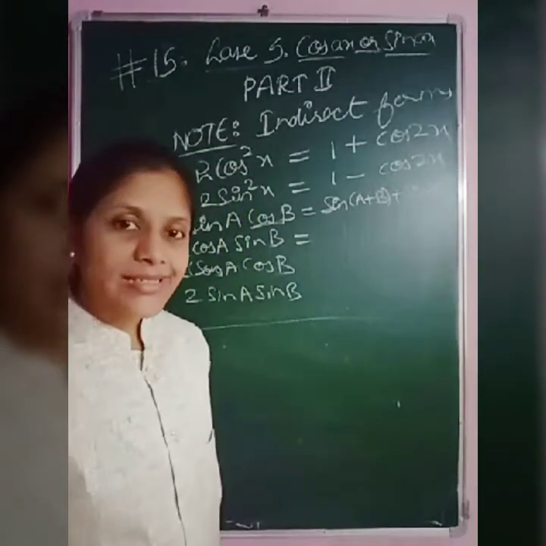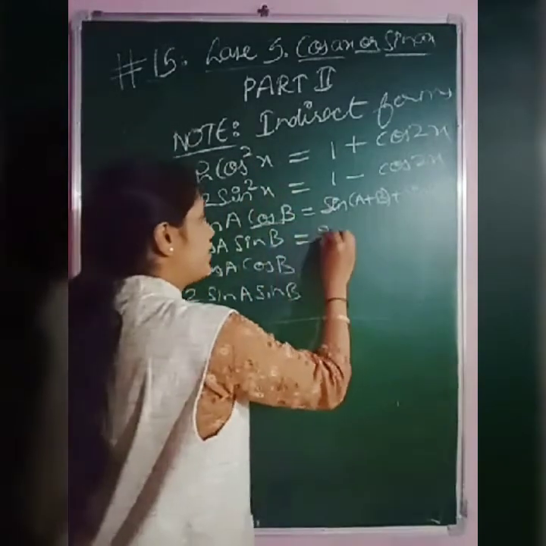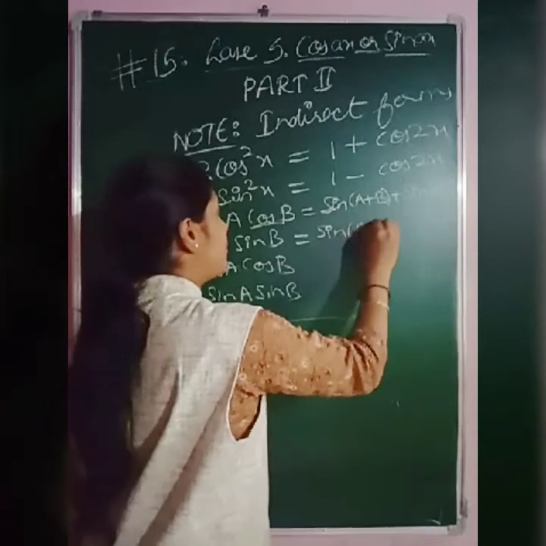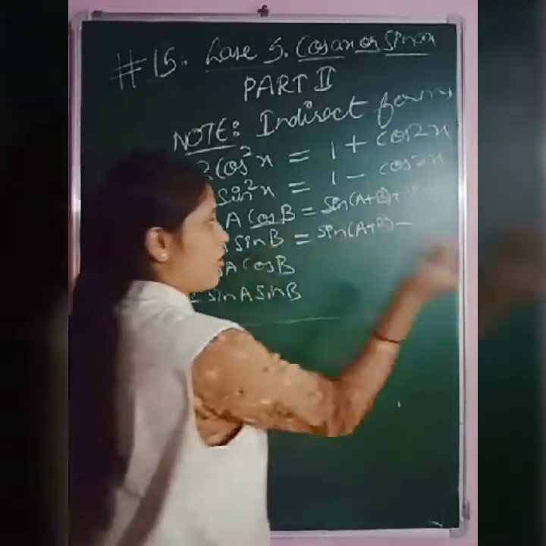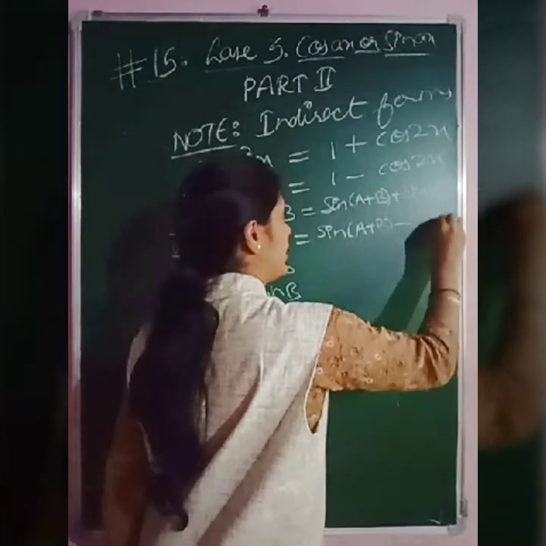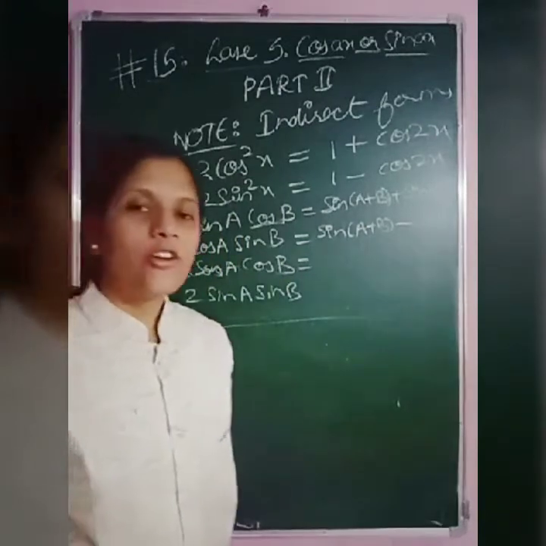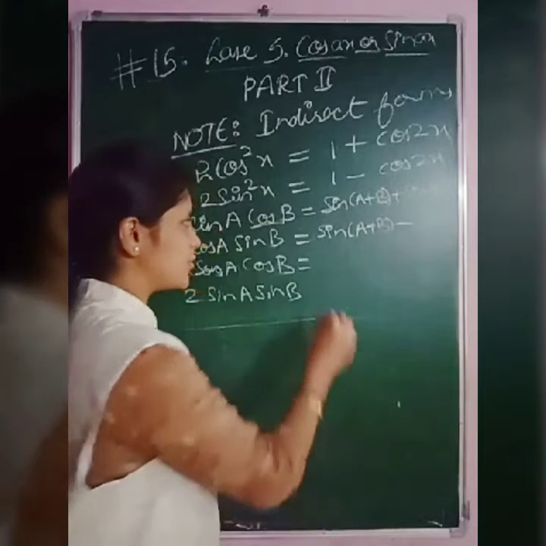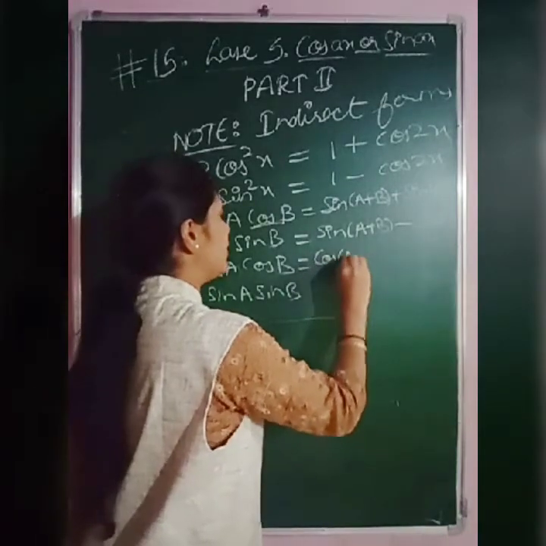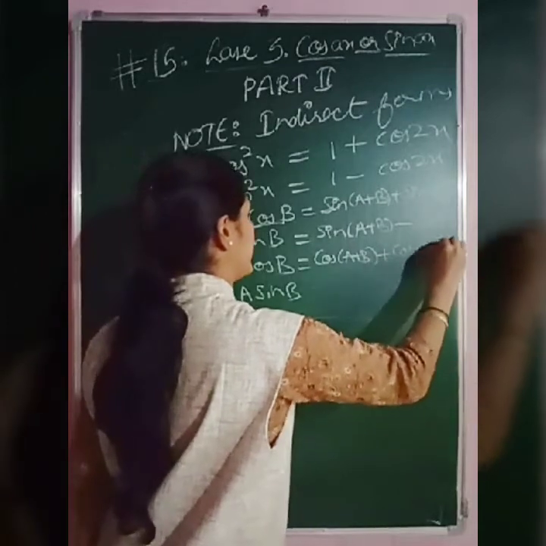And what is 2 cos A sin B? So cos and sin they have asked, so it will come in sin. So it is sin(A plus B) minus, since sin is coming afterwards, minus sin(A minus B). 2 cos A cos B, when cos cos comes, usually plus comes. What is that? Cos(A plus B) plus cos(A minus B).